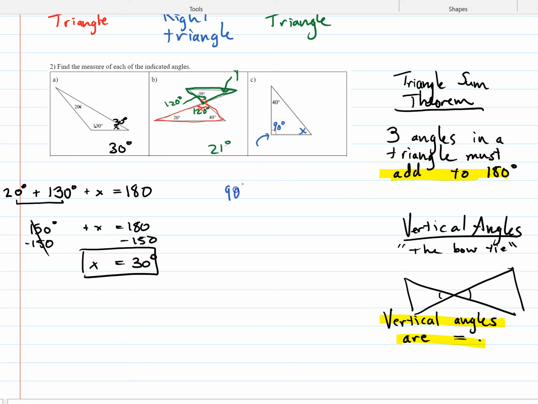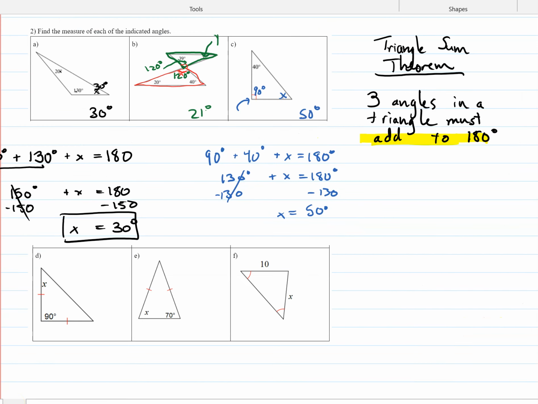Let's use the triangle sum theorem, which says 90 degrees plus 40 degrees plus x, those three angles have to add to 180. 90 plus 40 is 130, plus x equals 180, and then subtract 130 from both sides, x equals 50. So the answer there is 50 degrees.